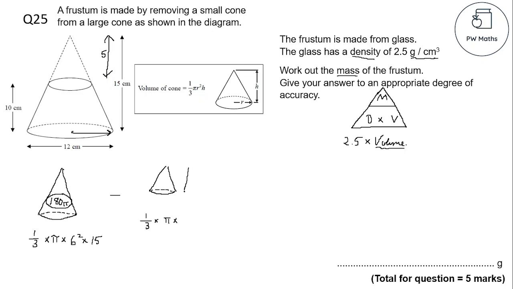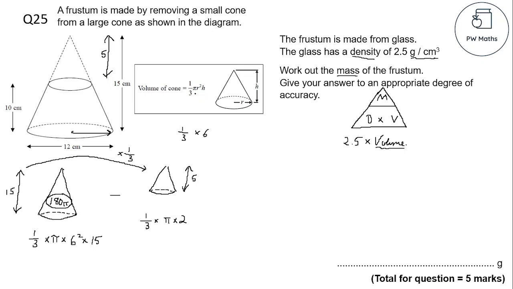If I draw on the height there of 5 and the height of the large cone, 15, I wonder how we go from 5 to 15. Well, if you're not sure, just tap 5 divided by 15 in the calculator, and it says to go from the large cone to the small cone, we third it. So the radius, which was 6, is now going to be 1/3 of 6. So the radius will be 2.